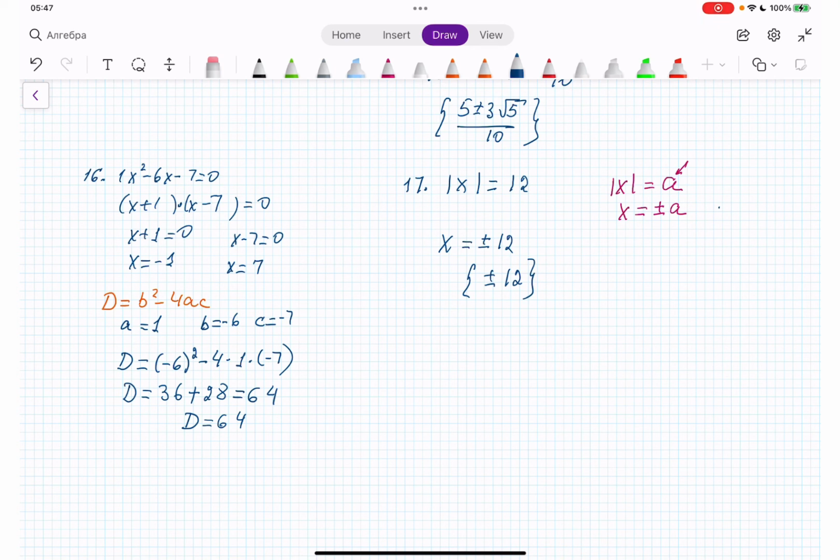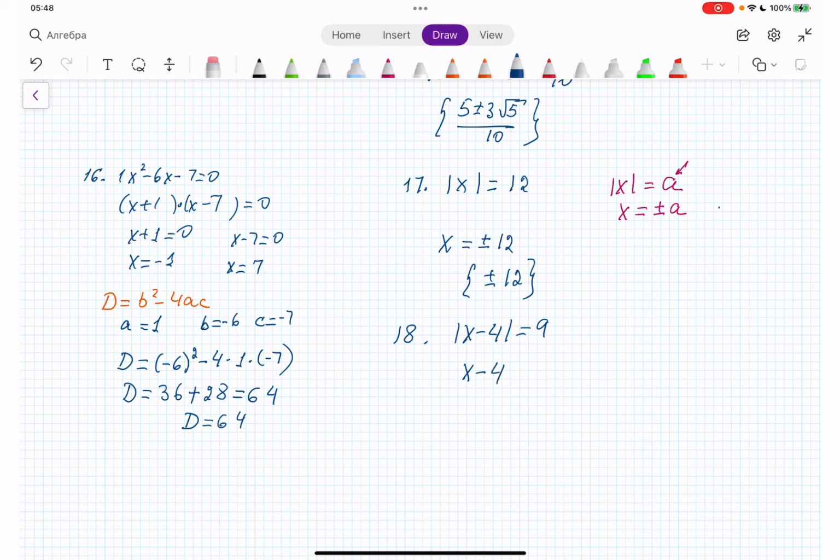All right. Question number 18. Absolute value x minus 4 is equal to 9. From here, if we take away absolute value, then the restriction of positivity is gone.